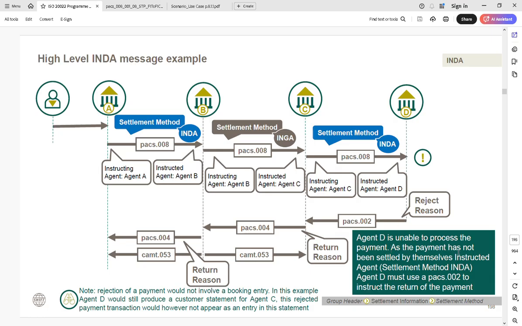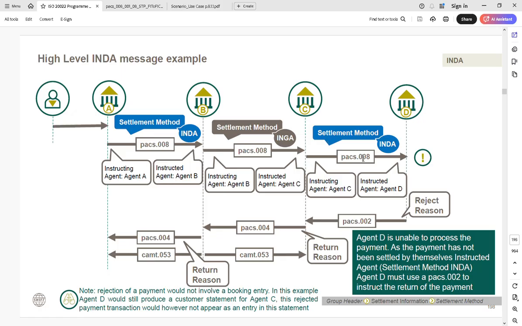Agent D is unable to process the payment as the payment has not been settled by themselves. Instructed agent, settlement method INDA. So agent D must use the PACS002 to instruct the return of the payment, because here the payment is not going to settle. We have to send the payment return back from agent D. That's why here we are not using instructing agent INGA.